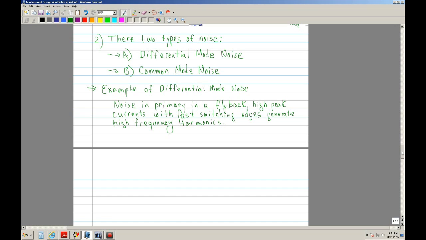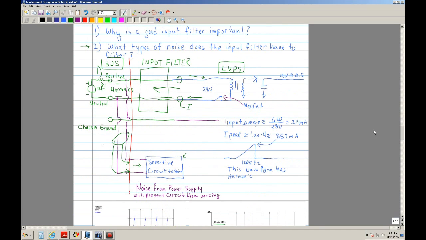So basically your power supply, these signals, these currents, let me write it in red. Diff, that's a diff noise, and here's a diff noise.